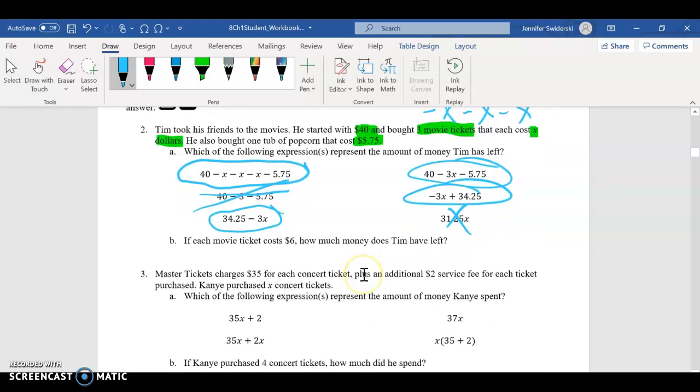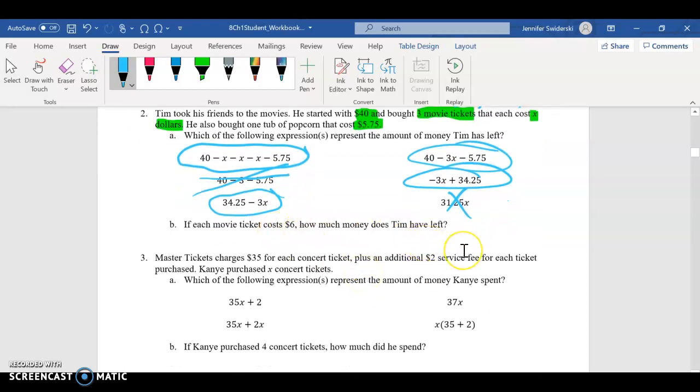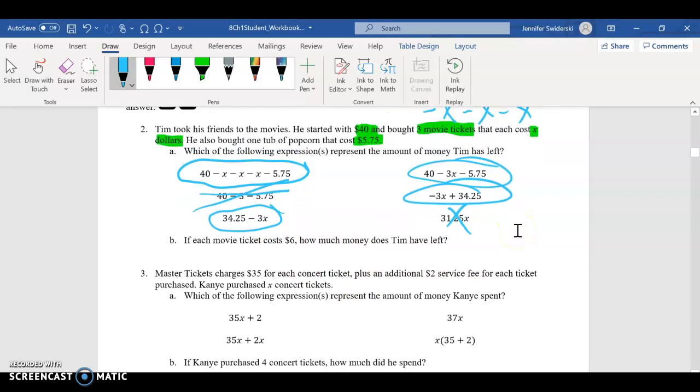All right, if each movie ticket costs $6, how much does Tim have left? Here's what you're going to do, guys. Pretty easy. We're going to take that 34.25. Do you remember the other day how we were substituting or evaluating if x equals blank? Well, here they're saying x equals 6. So let's go ahead, 34.25 minus, let's plug in 6, 3 times 6. 3 times 6 is 18, so minus 18.